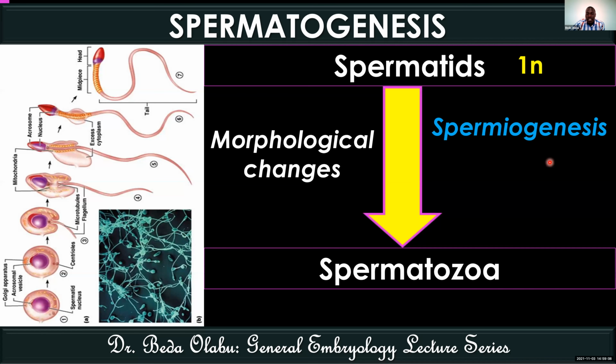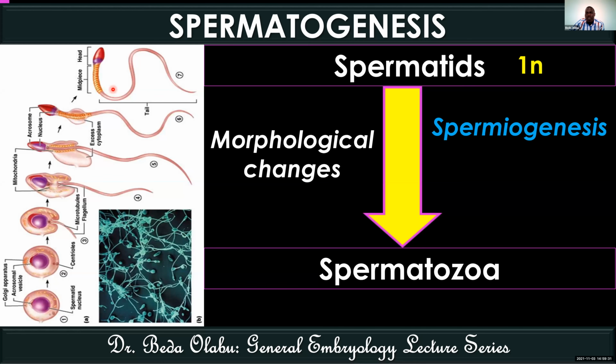And the resultant cells that we get from that process is this one, which we call spermatozoa. It's a series of morphological changes undergone by the spermatid to give us the spermatozoa. We call that process spermiogenesis.